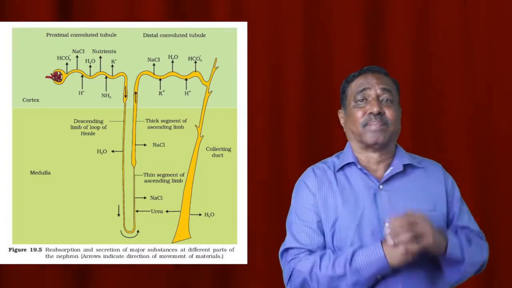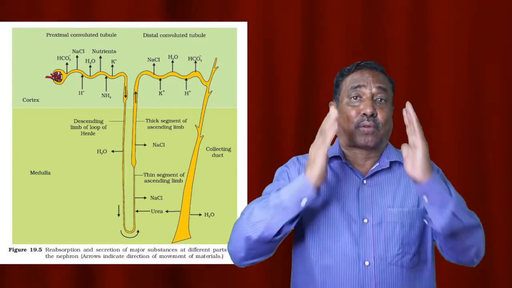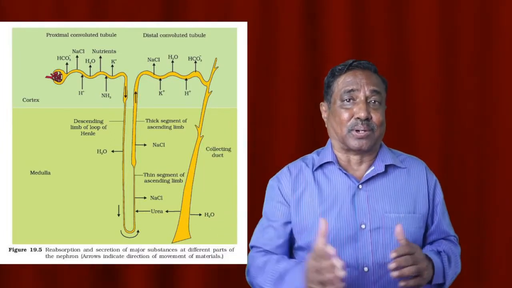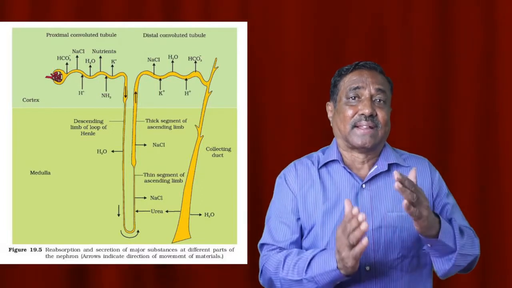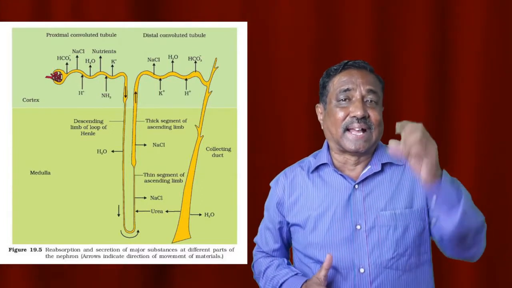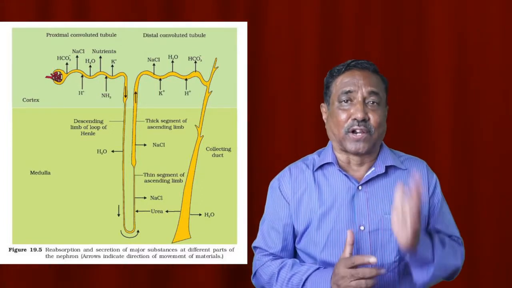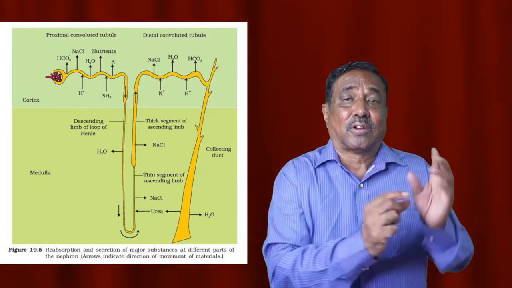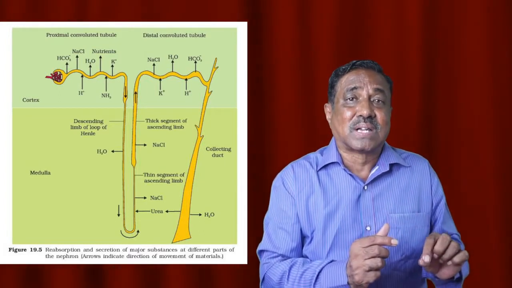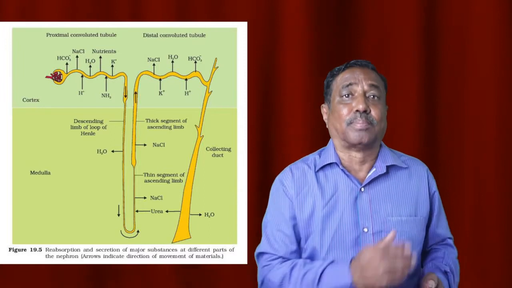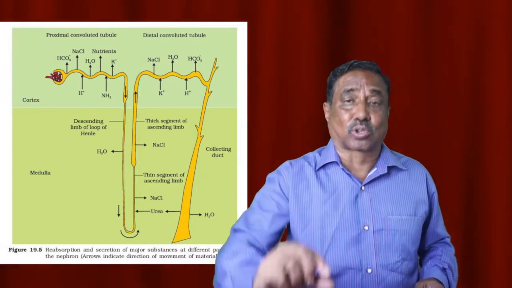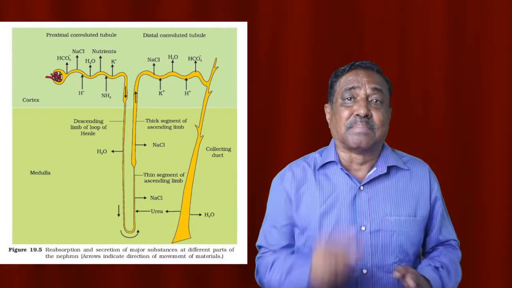And one more thing is how the NaCl is removed. As the renal fluid flows through the ascending limb of Henle's loop, then it goes to the descending limb of vasa recta.